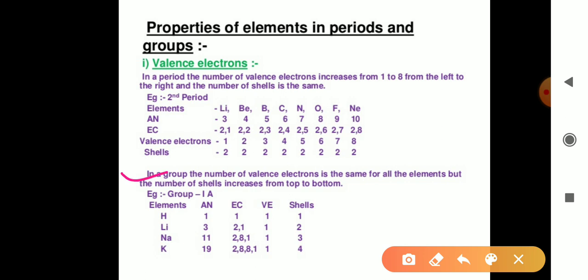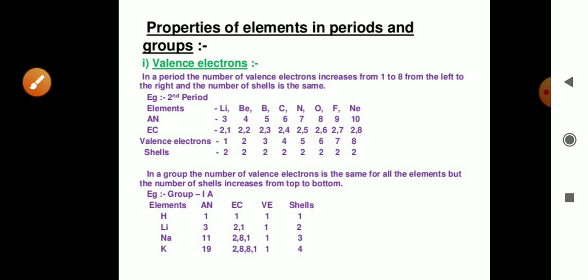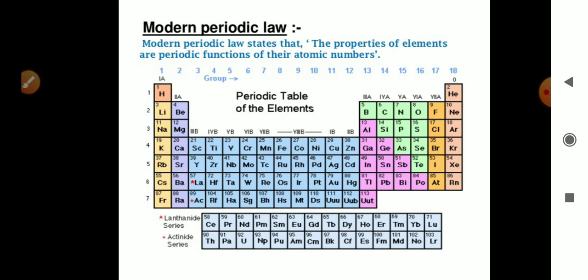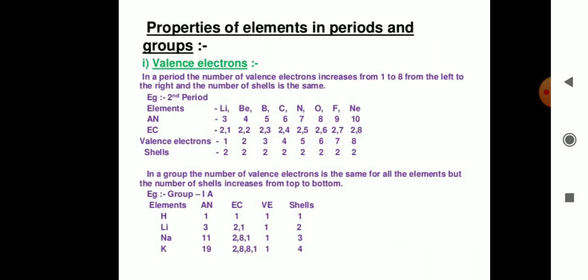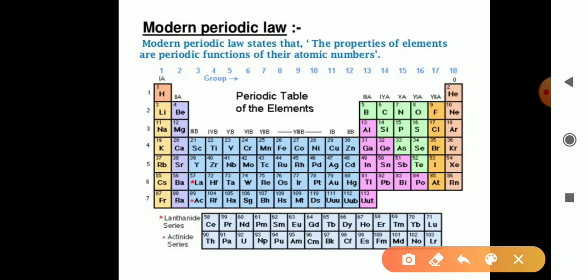Okay, then in case of a group, the number of valence electrons is the same for all elements, but the number of shells increases from top to bottom. Now we have to take an example of a group. For example, in the periodic table, this is the first group, then this is the last, 18th group.